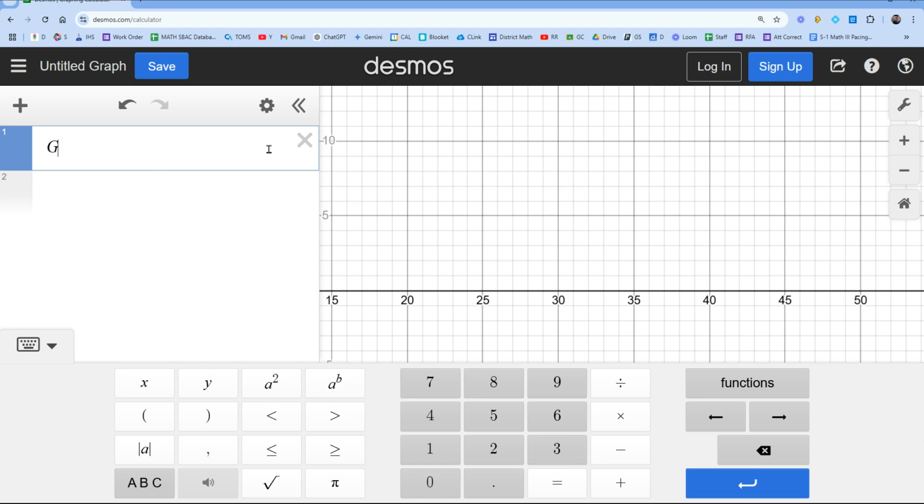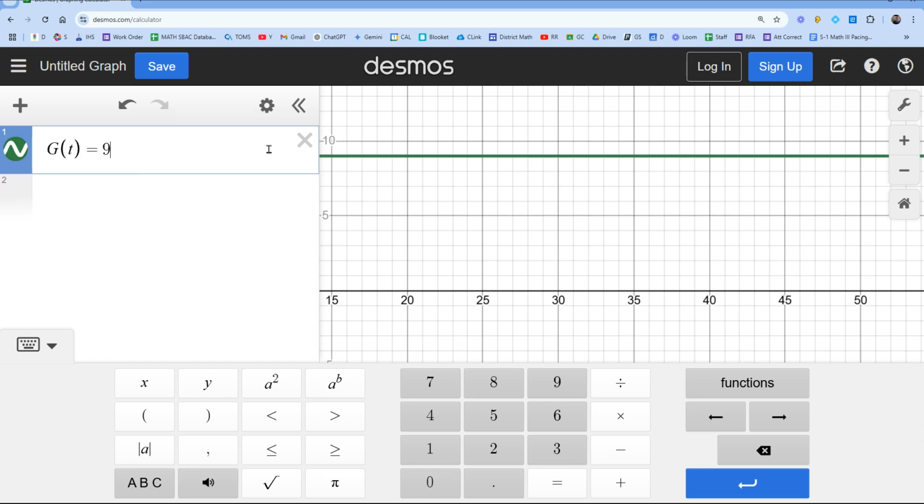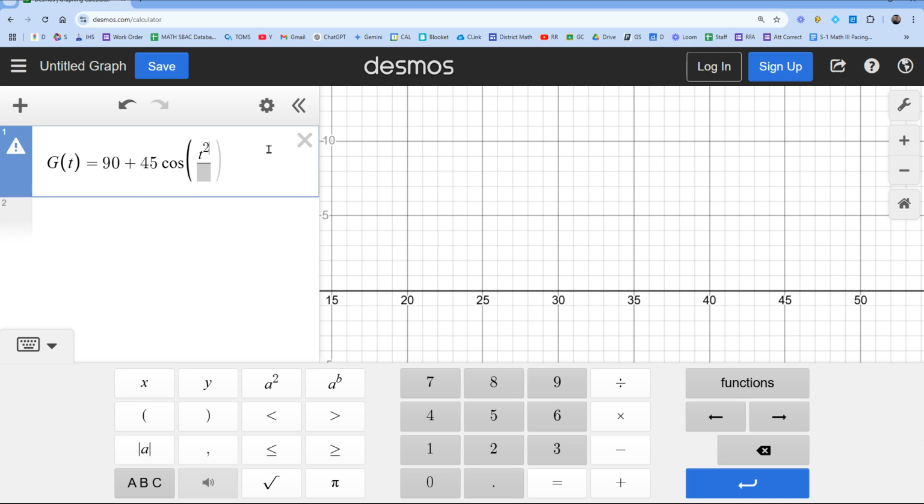So we're going to go G of t equals 90 plus 45 cosine. Because it's trigonometry, it's periodic, I'm going to put a restriction on it, or else it'll look kind of silly in a moment. So 90 plus 45 cosine that.